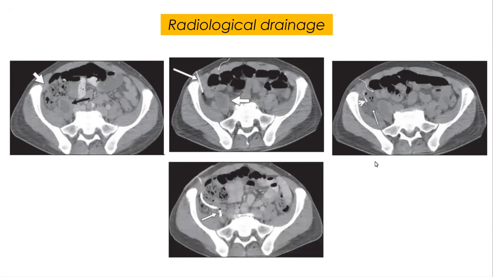Later on, after 1 week, there is marked regression of the psoas abscess. This is called radiological guided drainage, CT or ultrasound guided. So you see here, this is a big abscess, and now it's regressed totally.